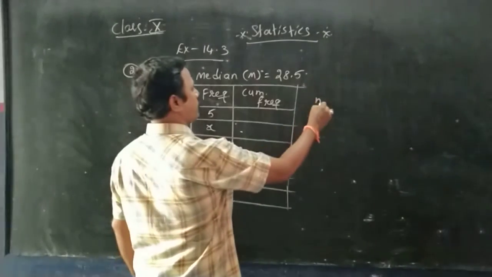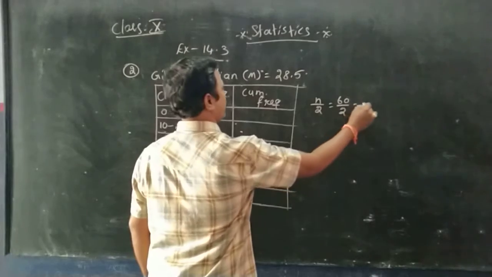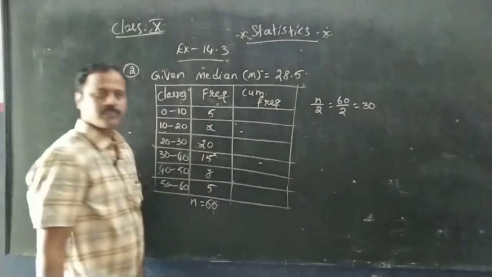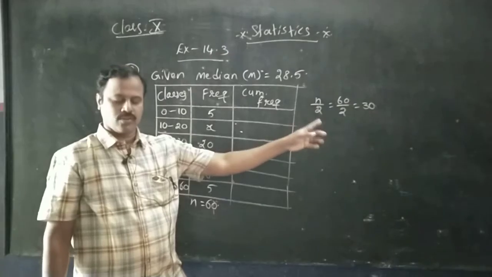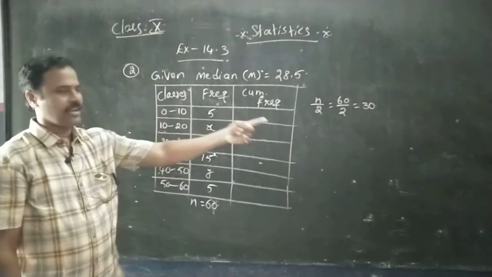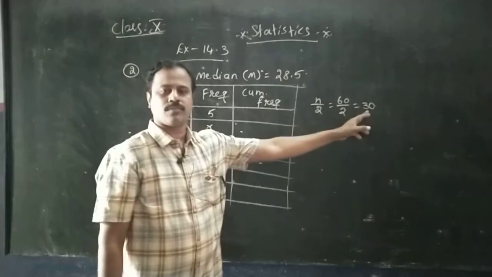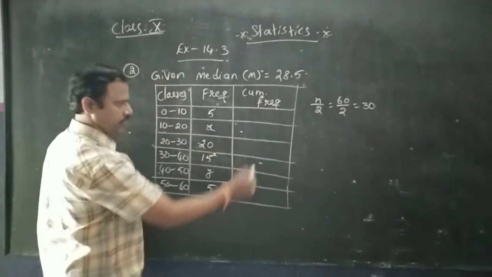I said you need to find n by 2, that is 60 by 2, which is equal to 30. Why should we find this n by 2? To know the median class. But where is the 30 value? You are going to search that value in the cumulative frequencies.